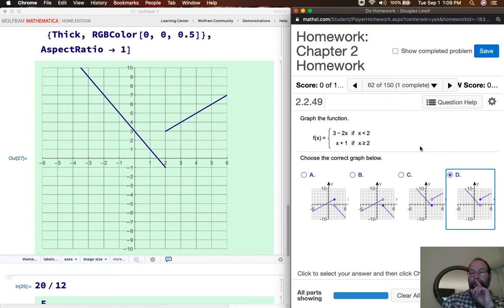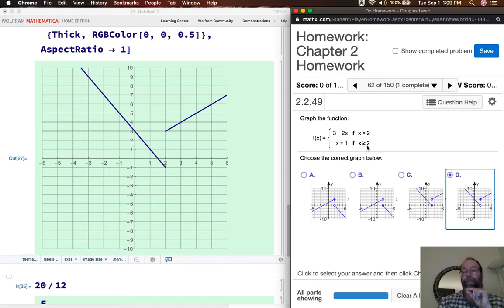So it's going to have to be D. And the reason that it's D is this. Look very carefully at the definitions of f of x. If x is less than 2, not equal to 2, but less than 2, then the definition of the function is 3 minus 2 times x.